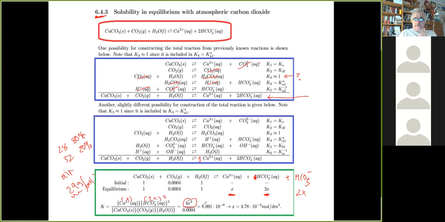So it will be 4x^3, and the denominator, calcium carbonate, is unit, water is unit, but the carbon dioxide is considerably smaller, something like that. And then we can solve for x equals 4.7 times 10 to the minus 4.